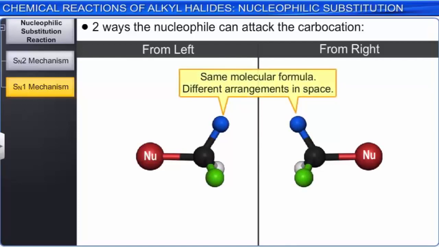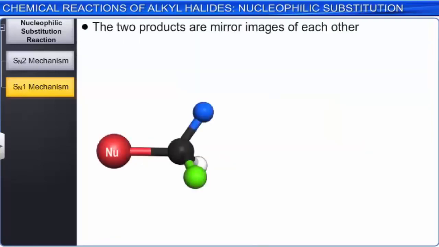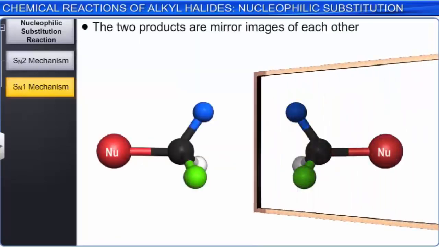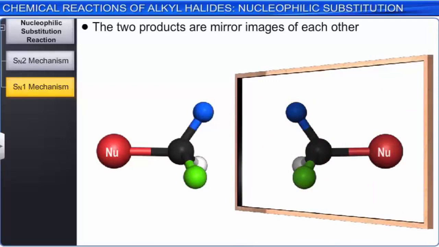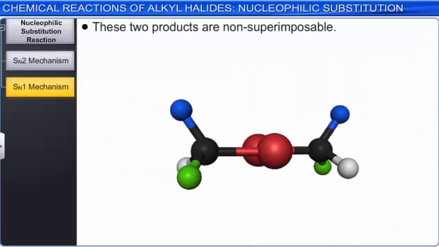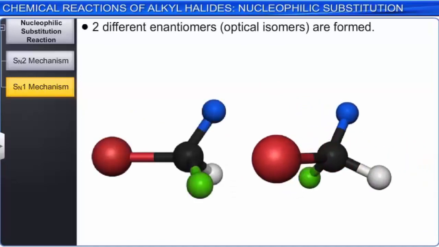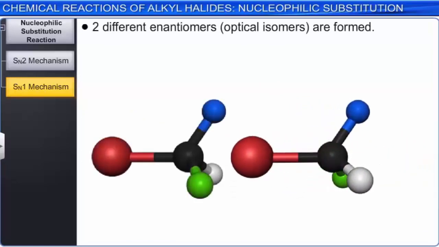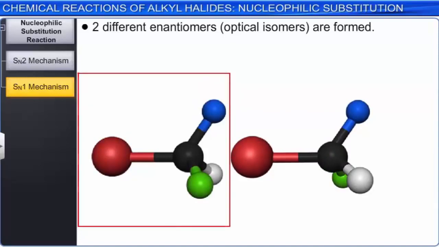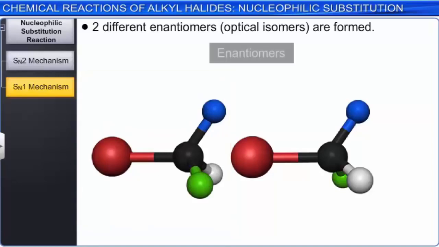They have the same formula, but different arrangements in space. These two products are mirror images of each other. They are not superimposable. Even if we rotate the right-hand molecule around the bond between the black and blue atoms, it still doesn't match the left-hand molecule. We call these enantiomers.